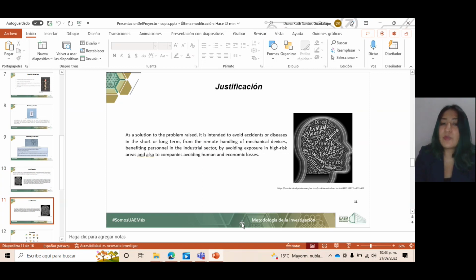A solution to the problem is intended to avoid accidents or disease in the short or long term. The remote handling of mechanical devices benefits personnel in the industrial sector by avoiding exposure in high risk areas, and also benefits the companies by avoiding human and economic losses.